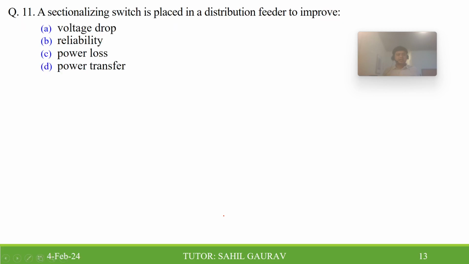So now we will see the last problem. A sectionalizing switch is placed in a distribution feeder to improve voltage drop, reliability, power loss, and power transfer. This is the last problem based on sectionalizing and tie line switches. What do you think?